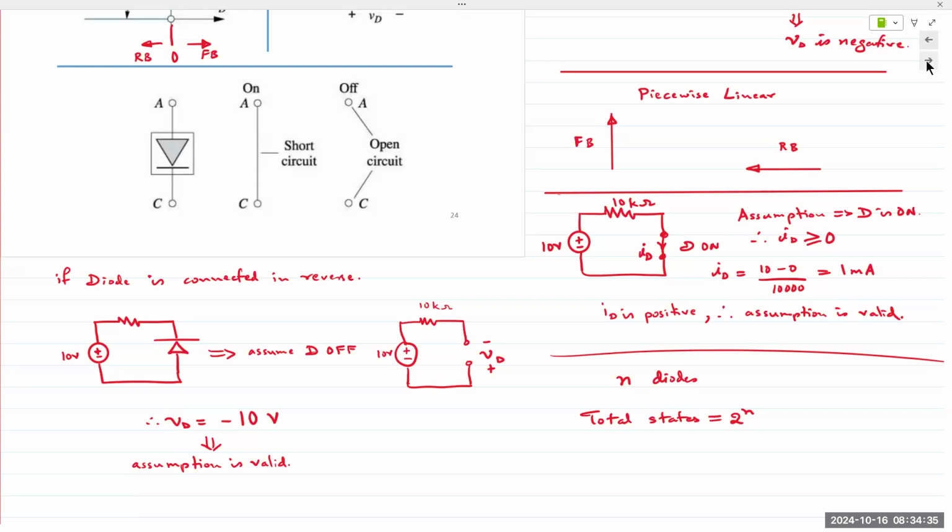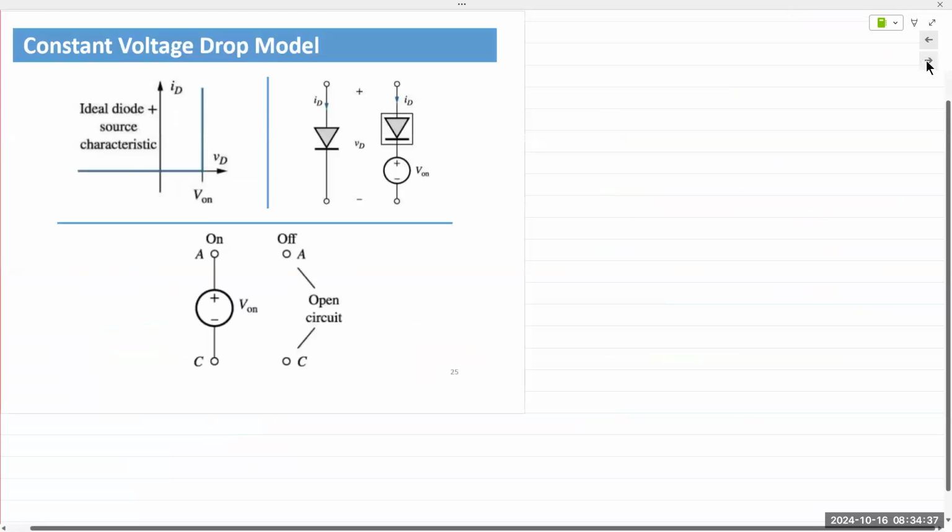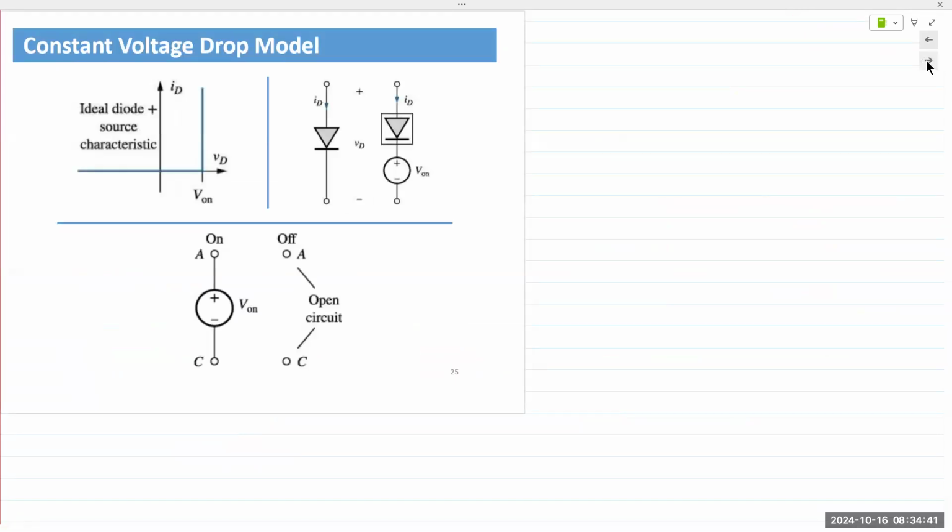Okay. So then the next model is the constant voltage drop model. It is similar to the ideal diode model, except we add on the practical effects of requiring 0.6 volts to turn the diode on.